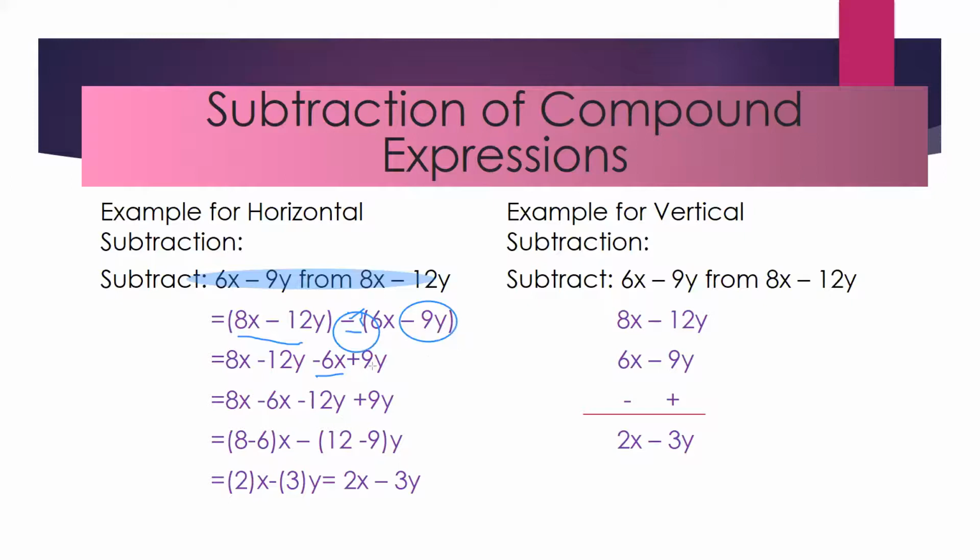This minus sign is going to be multiplied with 6x as well as with this 9y. So minus plus, we get minus 6x, and minus minus, we get plus 9y. How do we get this plus 9y? When we multiply minus with minus.